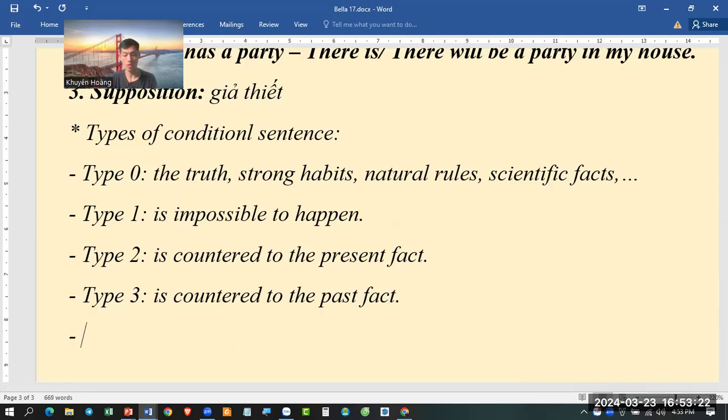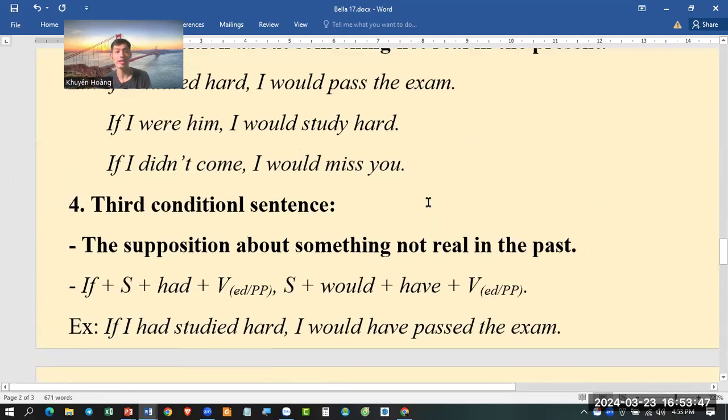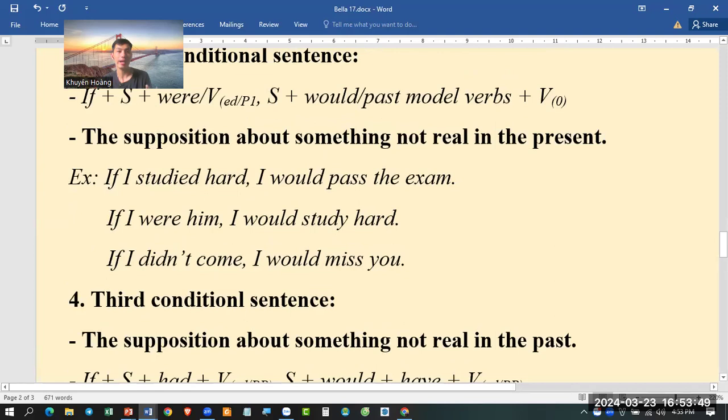And the type four, we have type four. The type four is the combination of type two and type three. I'm not sure.